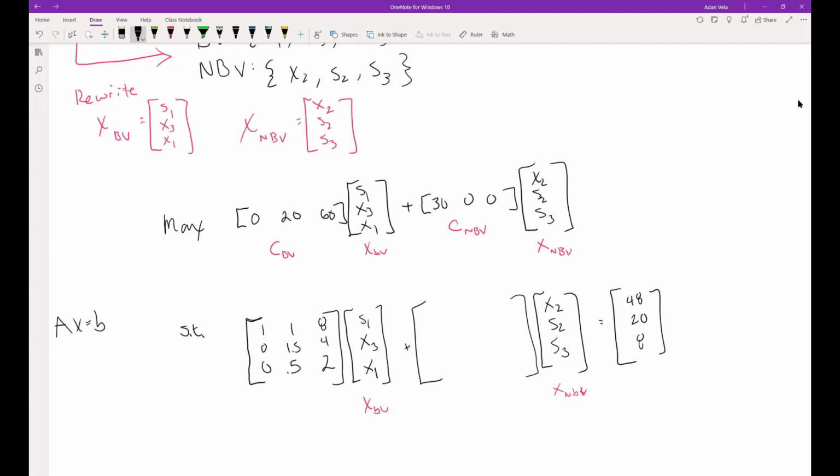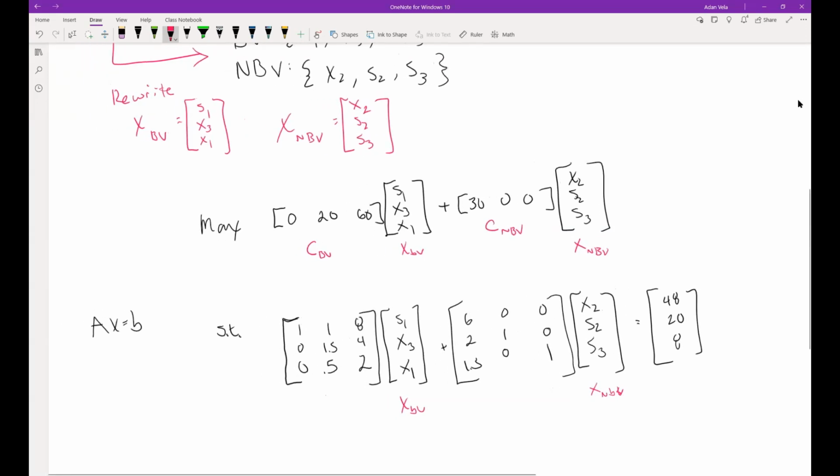Okay. Similarly, we do this with the non-basic variables. And so when we look up at our problem and the corresponding columns to each of the decision variables, we get the following. Now we're going to give these matrices a special variable name.